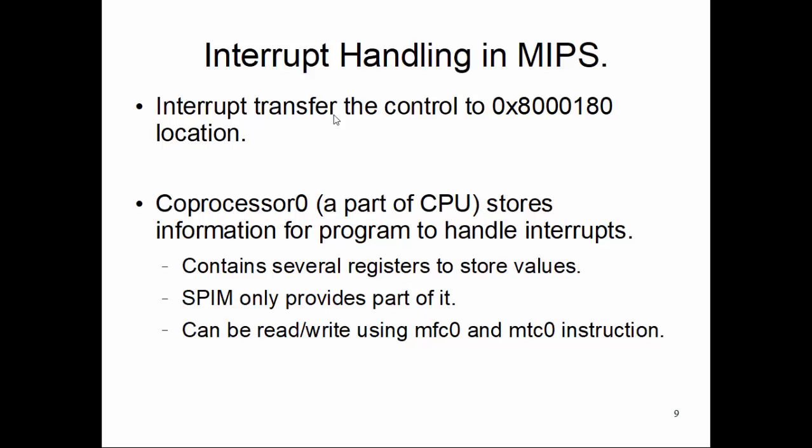So for MIPS, interrupts transfer to a fixed address. If any interrupt comes in, your program counter is updated to have this address, meaning you are jumping to that location. 8000 180.